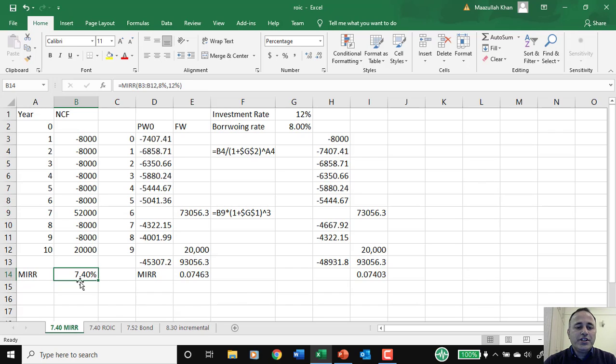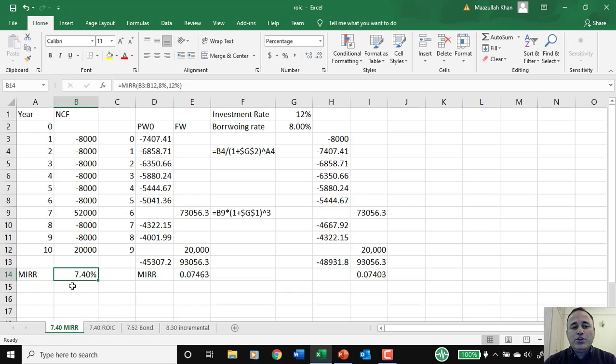So what the computer does actually, once I input the finance rate, which is the borrowing rate, it applies that borrowing rate for all negative cash flows, okay, and discounts it to t equal to 0. So the computer discounts all the negative cash flows to t equal to 0, okay, at the borrowing rate, which is 8%.